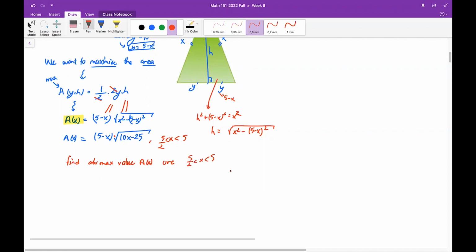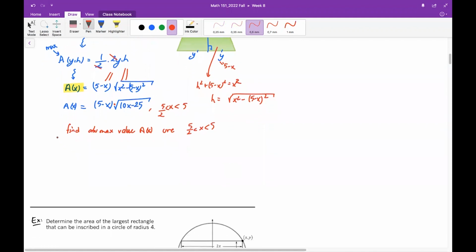Okay, this is the exact same question that we were dealing with in one of the previous weeks, right? So we know what to do. We first compute the first derivative to find the critical points. The derivative of the first expression is -1 times the second expression, plus the first component stays the same times the derivative of the square root function.